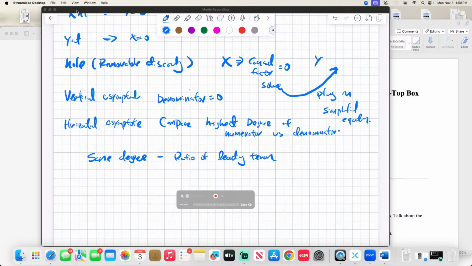If the bottom degree is larger, where is the horizontal asymptote? Y equal to 0. Good. What if the numerator degree is larger?